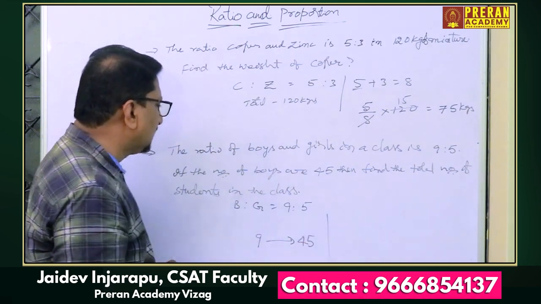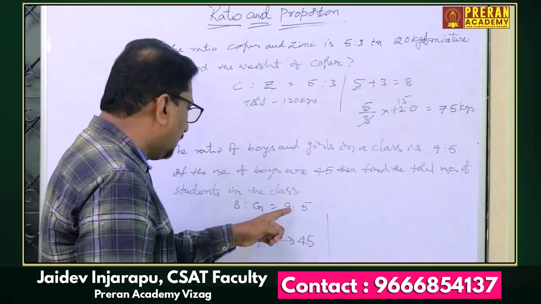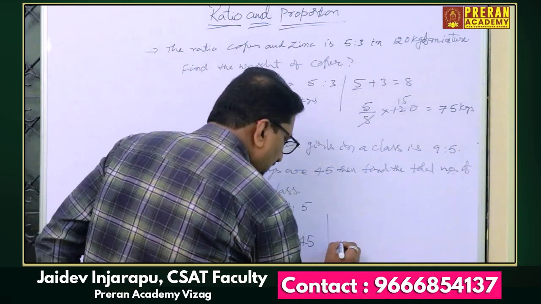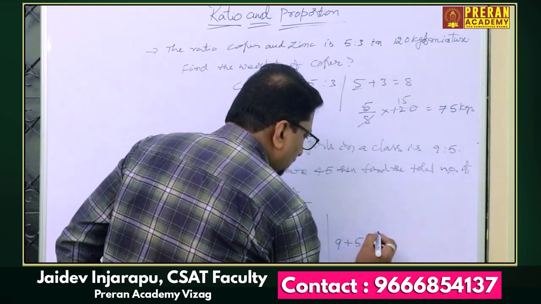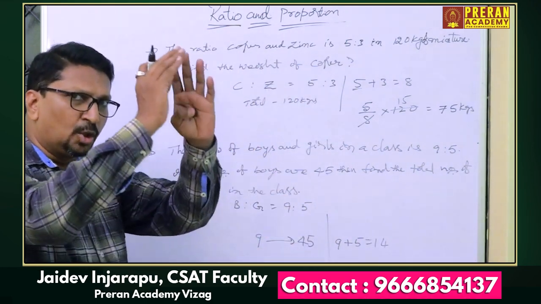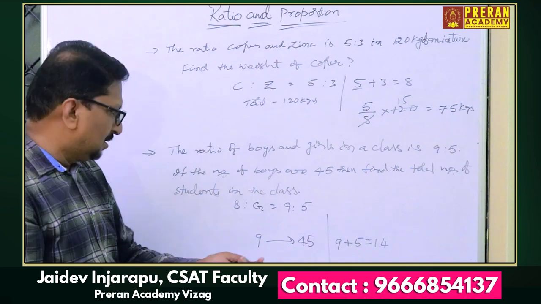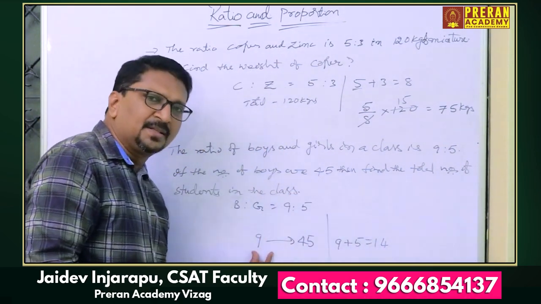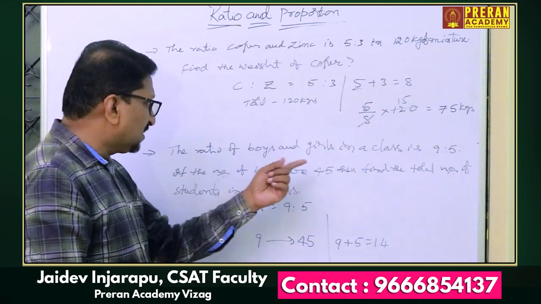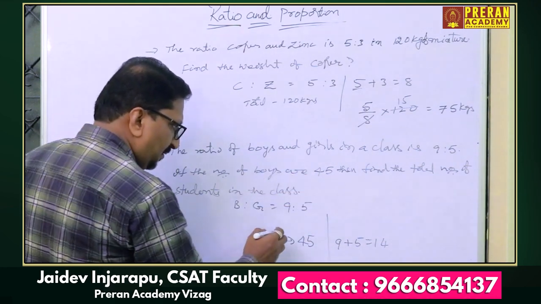See how I am analyzing the given data. What are the total parts? 9 plus 5, 14. The total strength of the class is 14 parts. In that, 9 parts are boys. How many boys has he given in the class? 45.